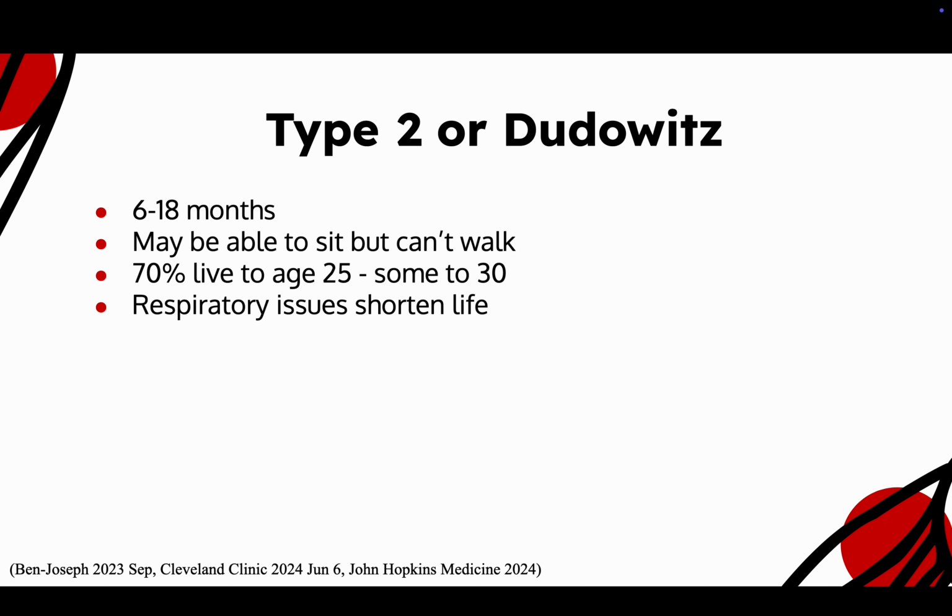Type 2 is usually diagnosed within the first 6 to 18 months of life. Those with type 2 may be able to sit but cannot walk. 70% with type 2 live to age 25, and some even live to 30. Respiratory issues cause a shortening of life.